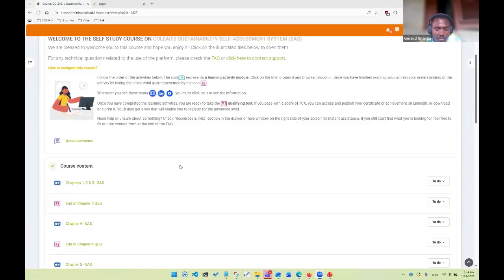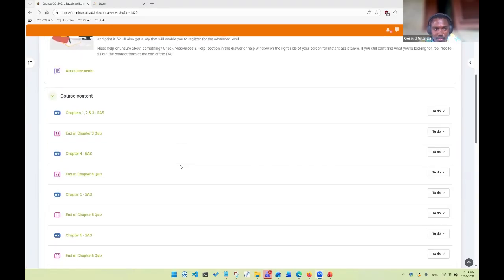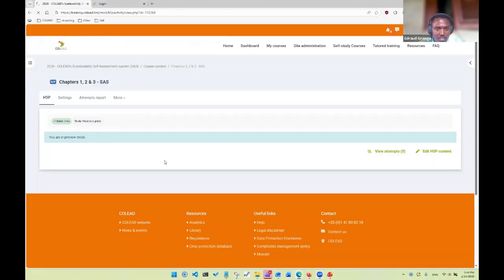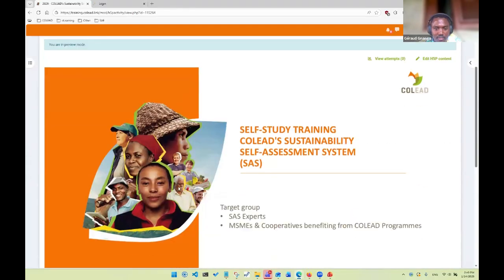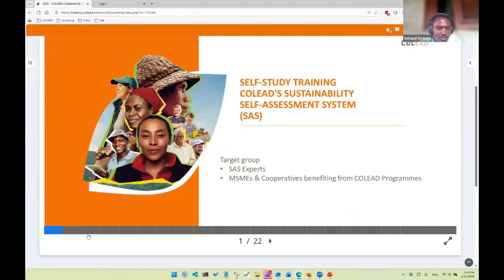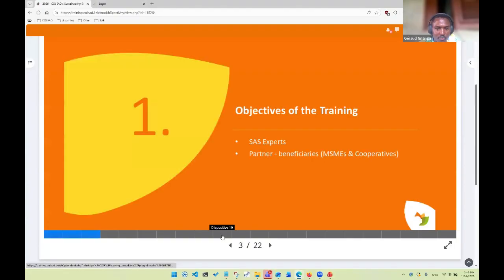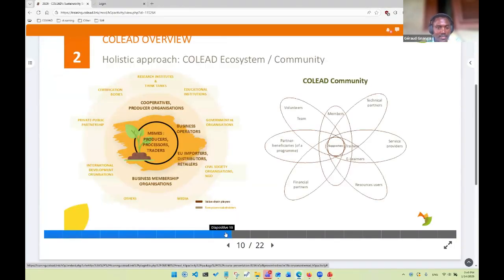But if you go down into the course, when you have the link, you will have a chance to go through, but I will show you quickly. Here is the course content. If you click here, for example, to check the chapter, you will see all of the notions and course content that you will have to know, and watch the slides.